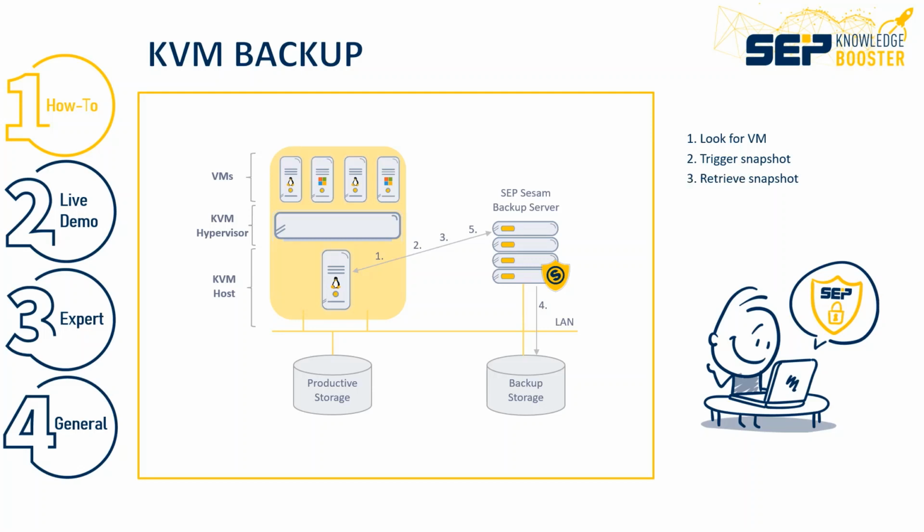Then we retrieve the snapshot from the productive storage and write the snapshot data directly to the backup target. Could be a disk storage, could be some tape or whatever you use as a backup target. And in the end, we of course remove the snapshot to free the space on your productive storage. So it's a fairly easy process.